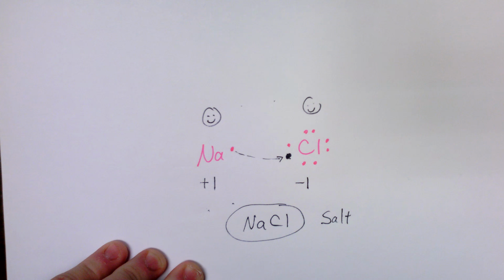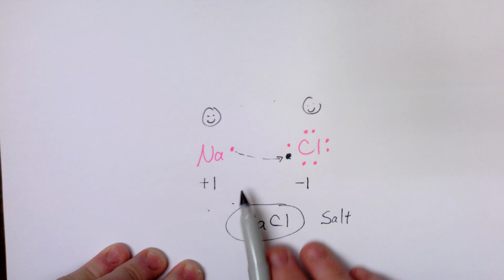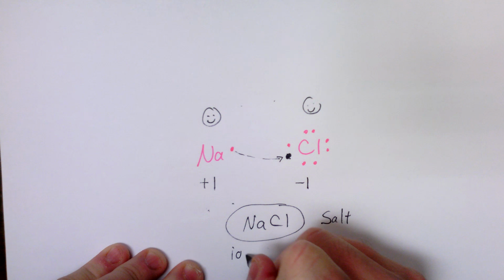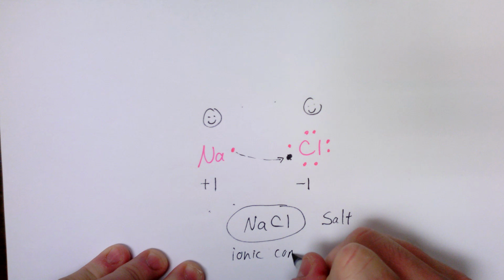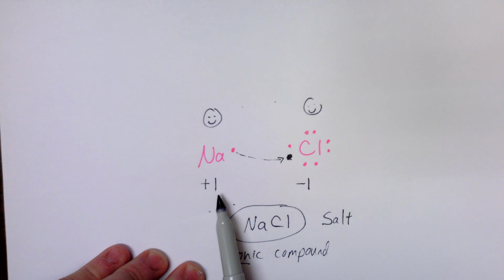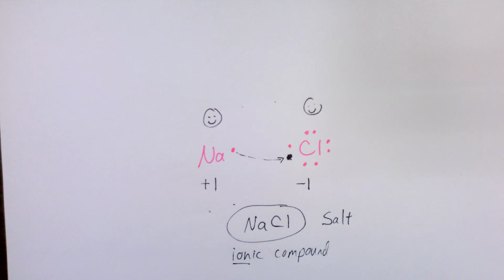Sodium chloride is table salt. Very common compound. Works very well. There's a lot of salt out there in the world. And you can see why, because sodium and chlorine can help each other out real easily. And when they do, they become stuck together, and this becomes what we call an ionic compound. Ionic, ions, charged. An ionic compound forms when you have opposite charges causing the atoms to stick together.